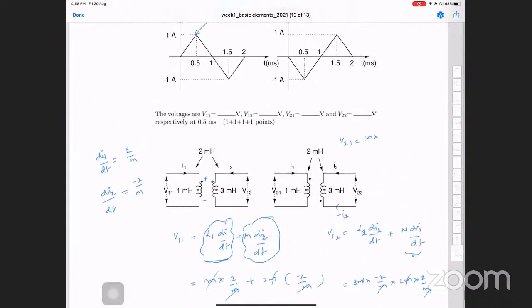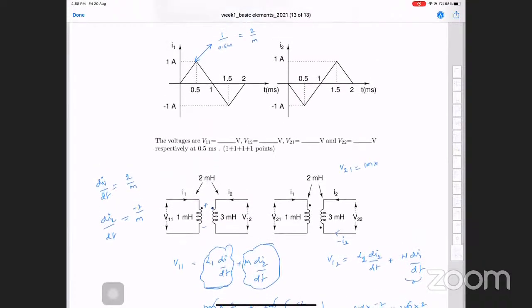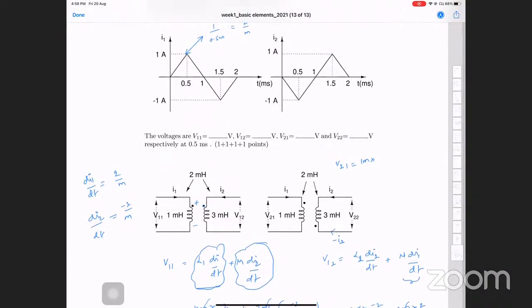Okay, let's use them. So V21 is equal to this 1 milli times di1 by dt, which is 2 by milli. Now, again, the current entering the dotted terminal is minus I2, right?